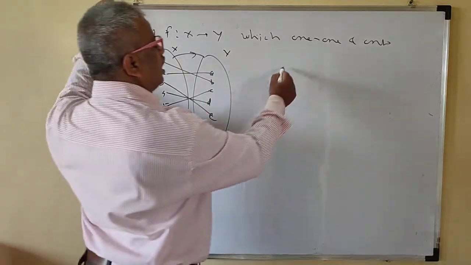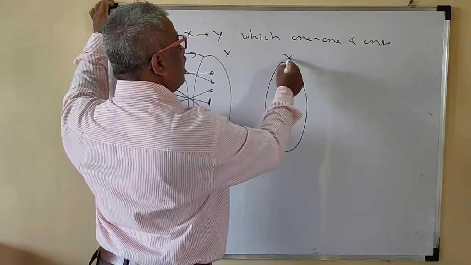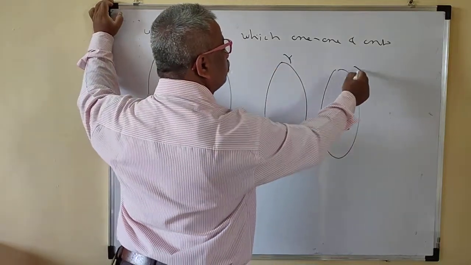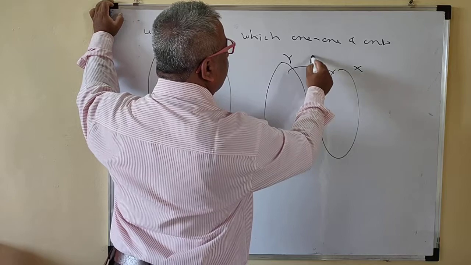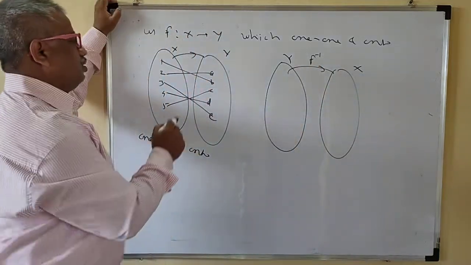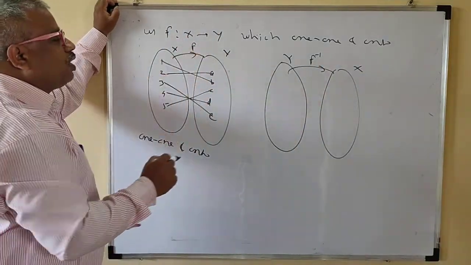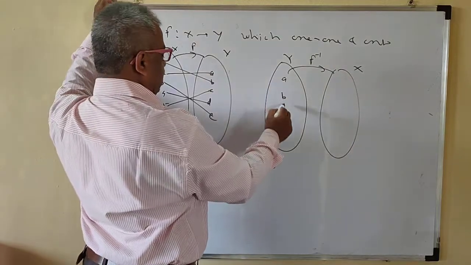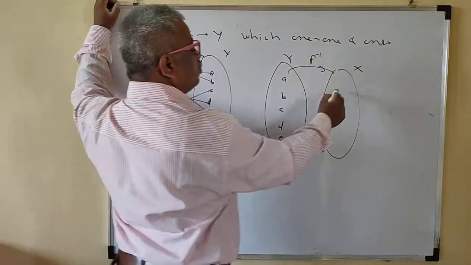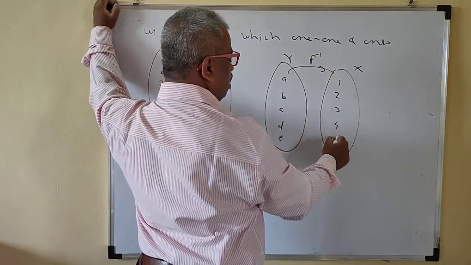If you reverse this, writing y here and x there, this is your f inverse. Let us check f inverse. So this is f, and the reverse goes from a, b, c, d, e to 1, 2, 3, 4, 5.